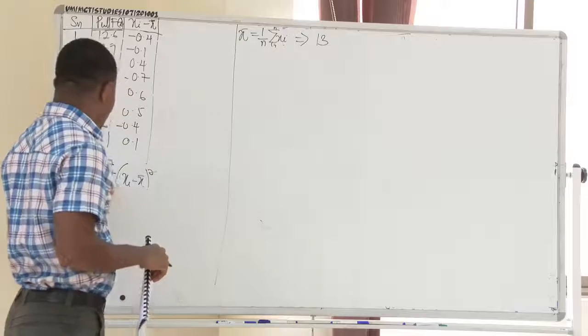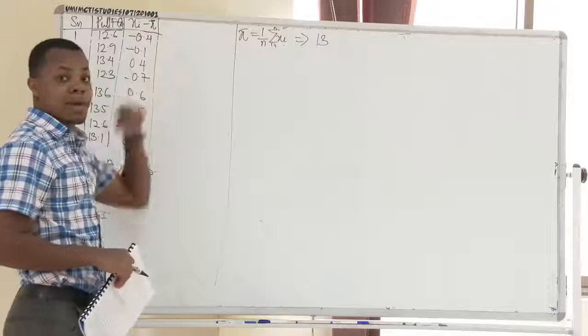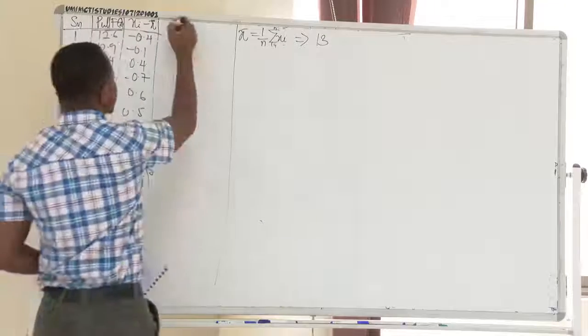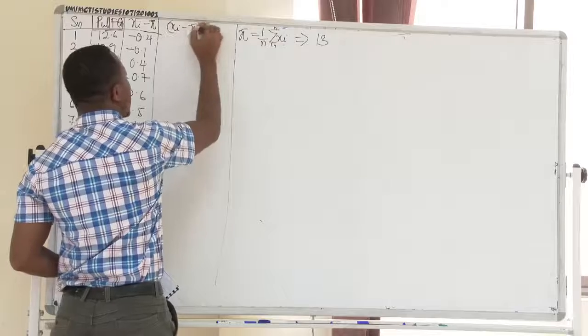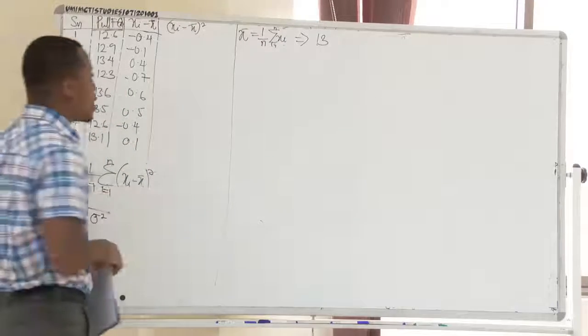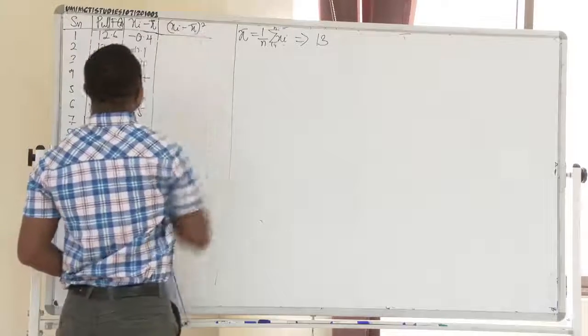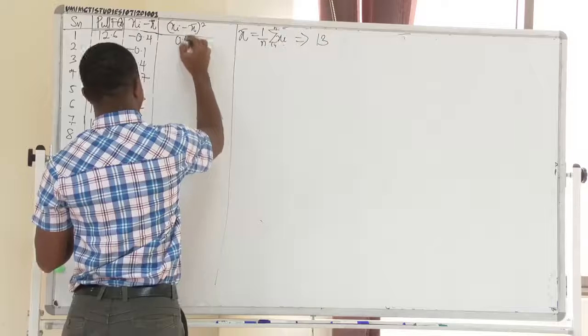Now remember that before we get the summation, we need to square this term, xi minus x bar, all squared. Squaring gives us 0.16.